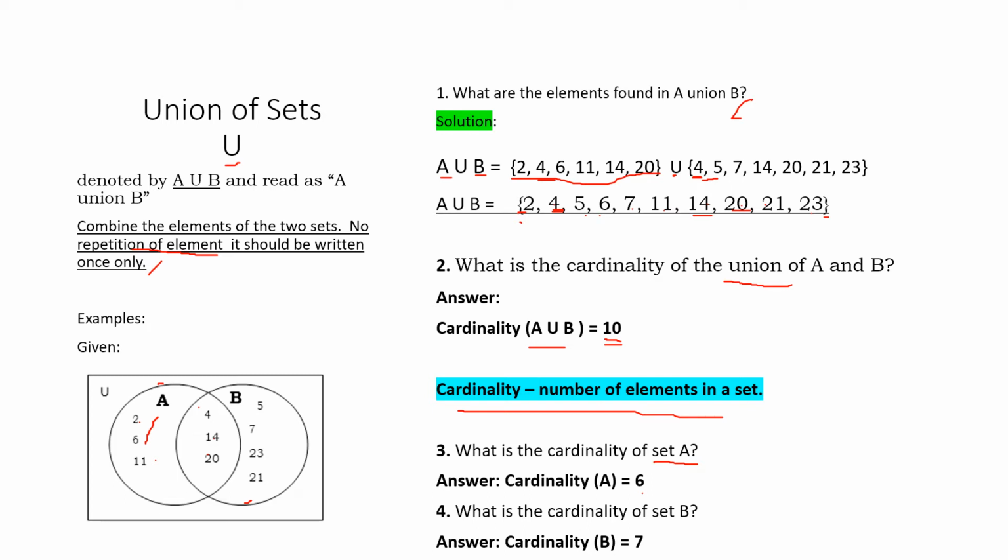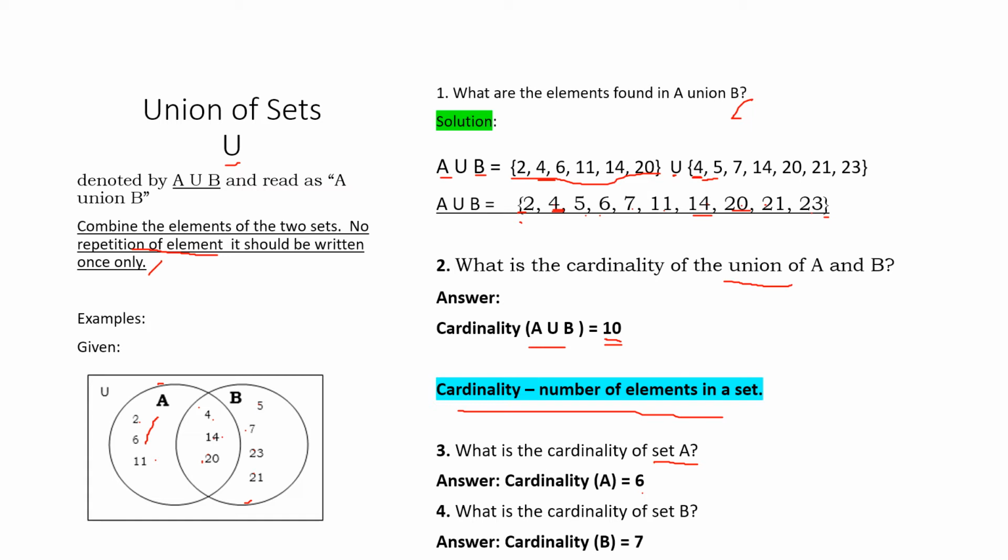Okay? Next. Number 4. What is the cardinality of set B? So let's proceed to set B, this one. You are just going to count how many elements. We have 1, 2, 3, 4, 5, 6, 7. So, answer, cardinality of B is equal to 7.